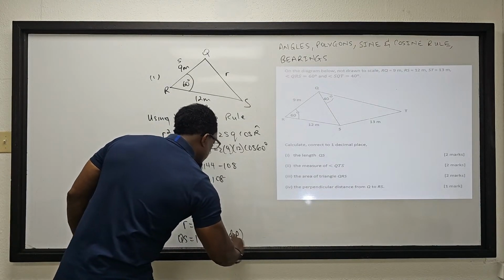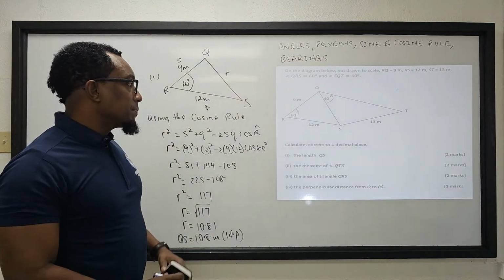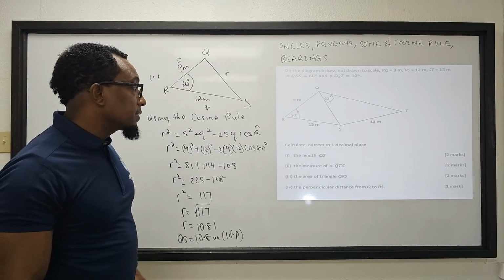Good? So that's part one, the length of QS using the cosine rule.